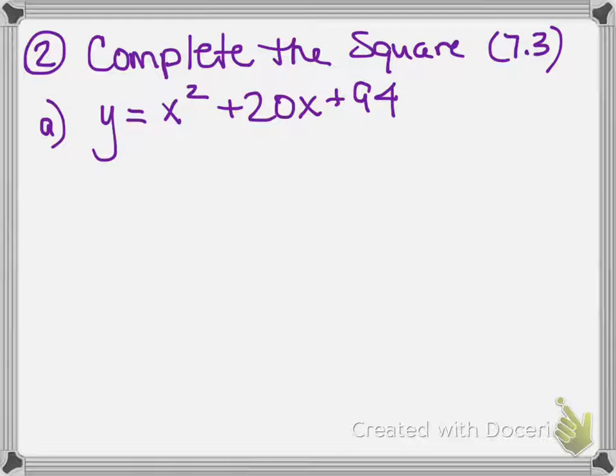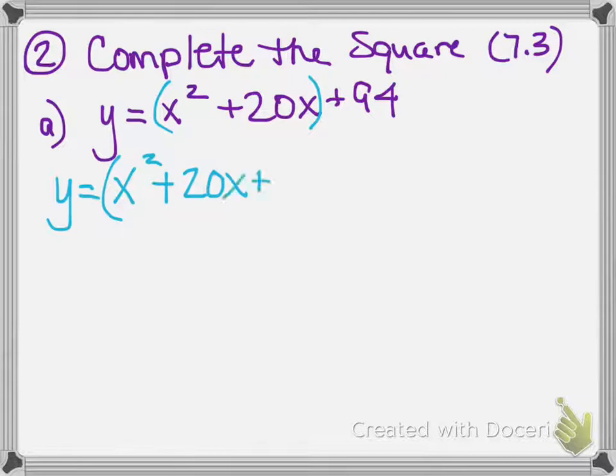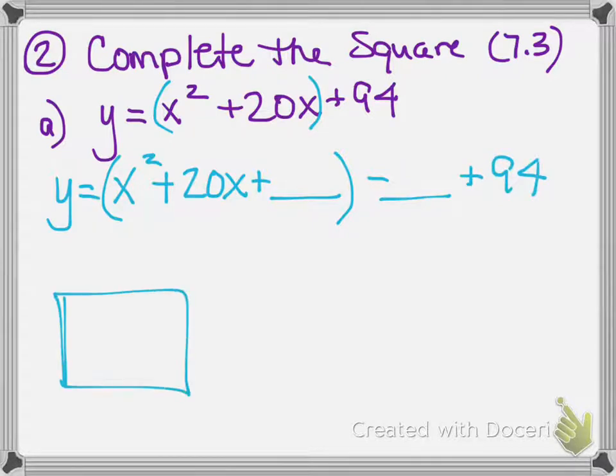So starting out, isolate the x squared and the x term. I rewrite and write in my blanks, as you know: x squared plus 20x plus blank minus blank plus 94. And then I draw my square to find those blanks. So here's x squared. Here and here is 20x divided by 2.